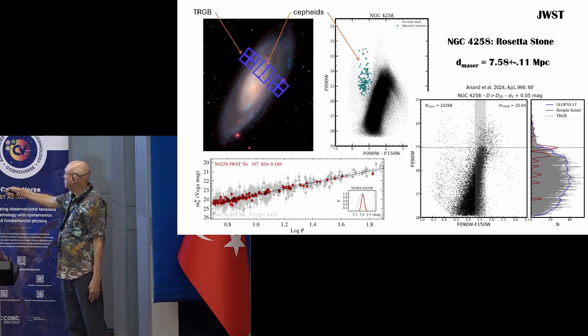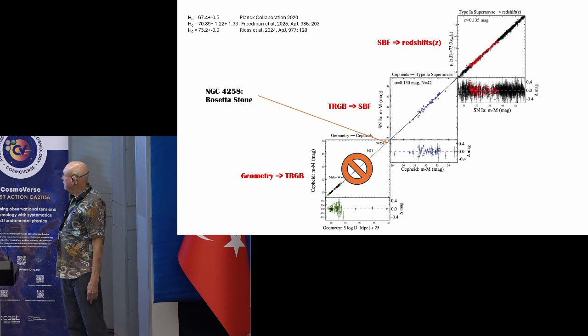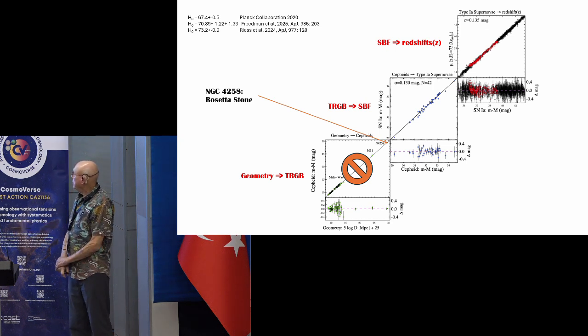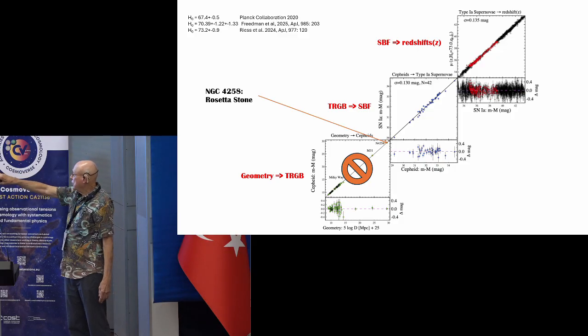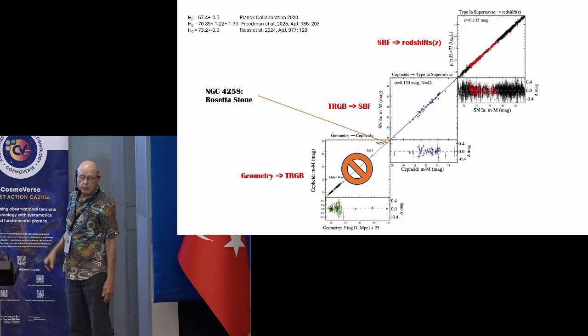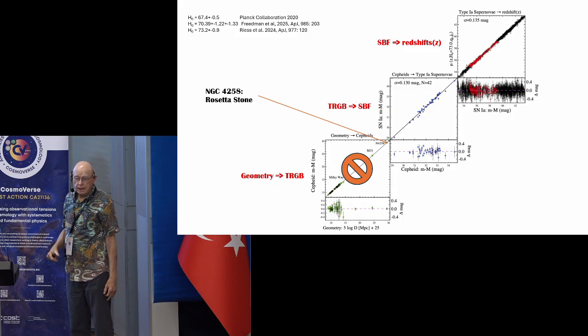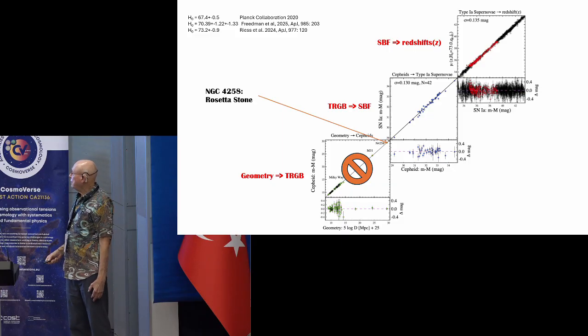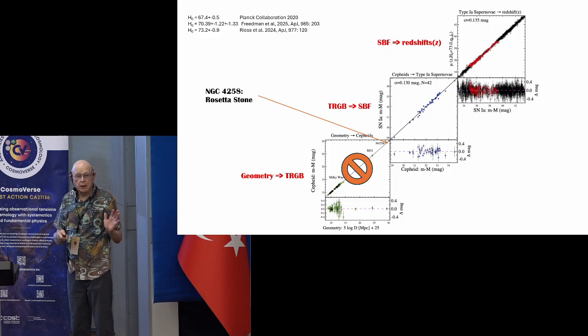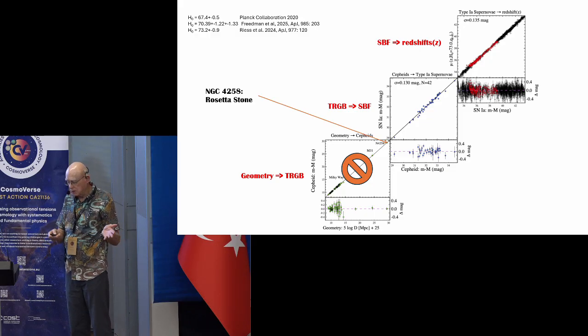I can't control this very well, but it is well established. Anyway, for the moment, I'm not going to be worrying about the geometric calibration of the tip of the red giant branch. I'm just going to jump right in and calibrate it with NGC 4258, and it's a nice Rosetta Stone between methodologies, because the Cepheids are there, the tip of the red giant branch is there.